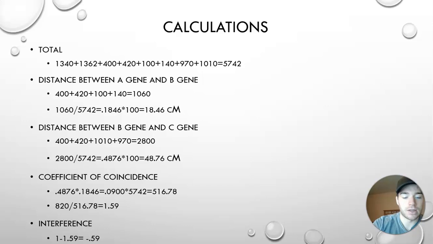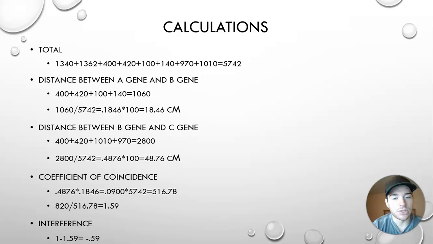So that was the A+C, and then A++ and then ++C, which are the 100 and 140 totals respectively. Then that total came out to be 1060. 1060 divided by 5,742 to get 0.1846, multiplying that by 100 gets 18.46 centimorgans. So that's the distance between the A gene and the B gene.